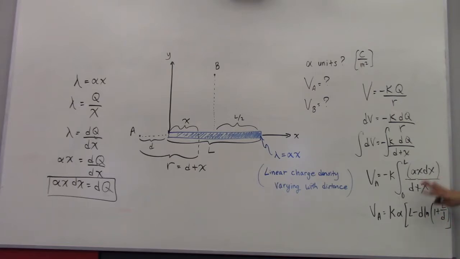I'll read it out: the voltage is k alpha times the quantity L minus d times the natural log of 1 plus L over d. Write that down so you can check your integration. Practice this integration and see if you got that right.